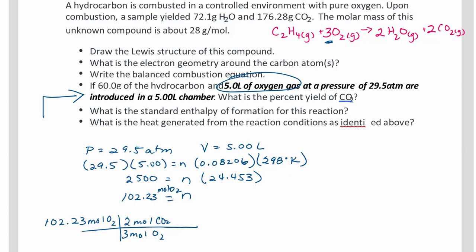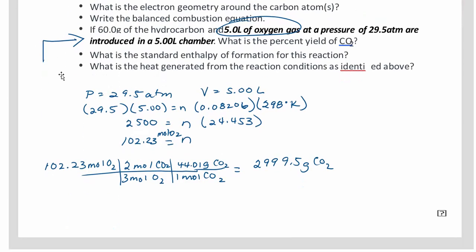I was given grams of carbon dioxide, so I'm going to push this all the way to grams. My calculator's doing the work anyway. So 1 mole of carbon dioxide has a mass of 44.01 grams of carbon dioxide. So to perform this calculation, I take this value that is in my calculator, multiply it by 2, and then by 44.01. I'm then going to divide that by 3 to get 2,999.5 grams of carbon dioxide can be made from that many moles.